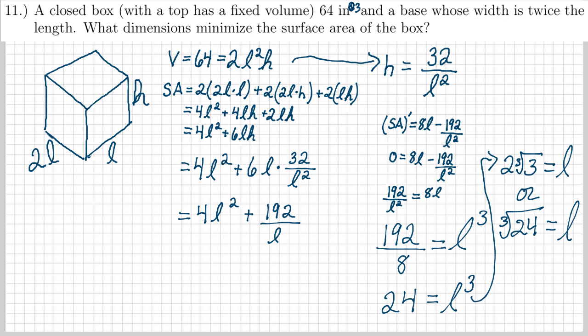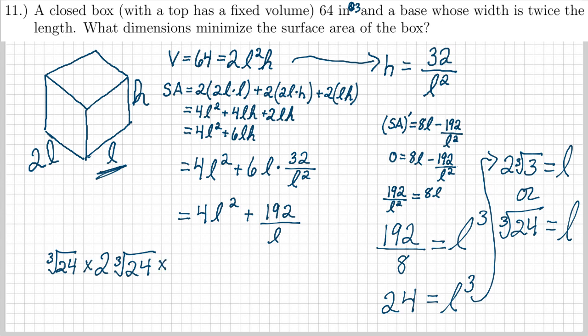So that means our dimensions are the cube root of 24, what we just found. That's this side. That one. Plus twice that, because that's what the problem gave us. I'm sorry, not plus, just cross by twice that.